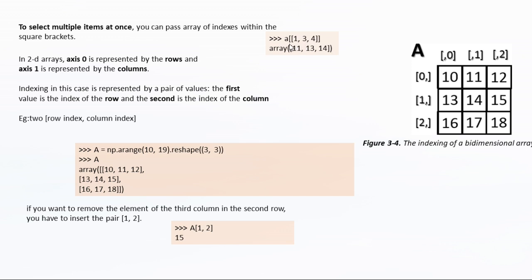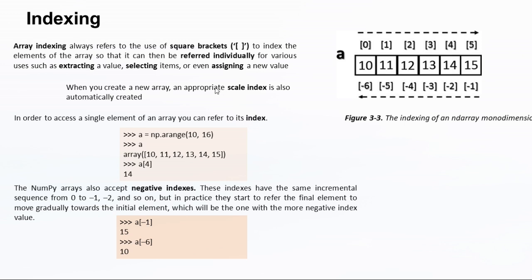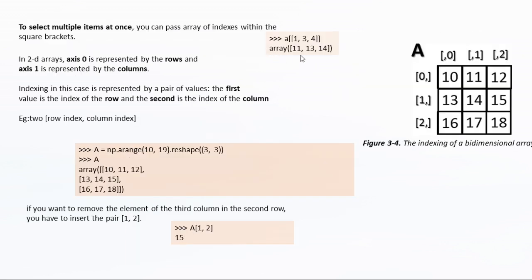The elements at index 1, index 3 and index 4 will be extracted into a new array. Every time, a new array is created and an index is automatically created for it, so for this also you will have the indexes 0, 1, 2.